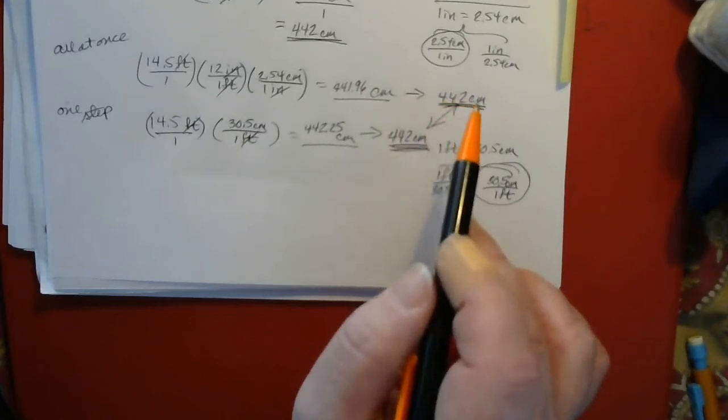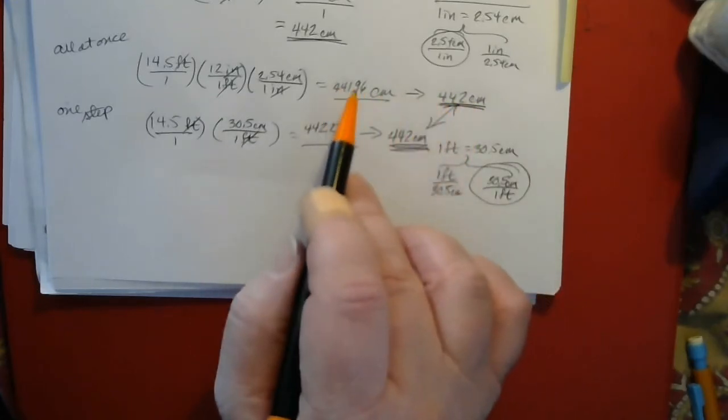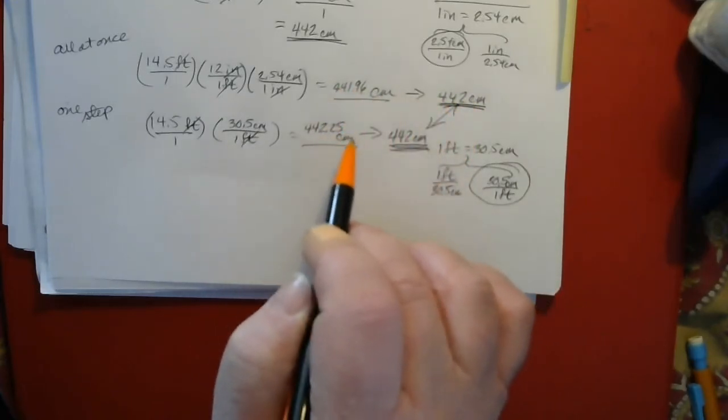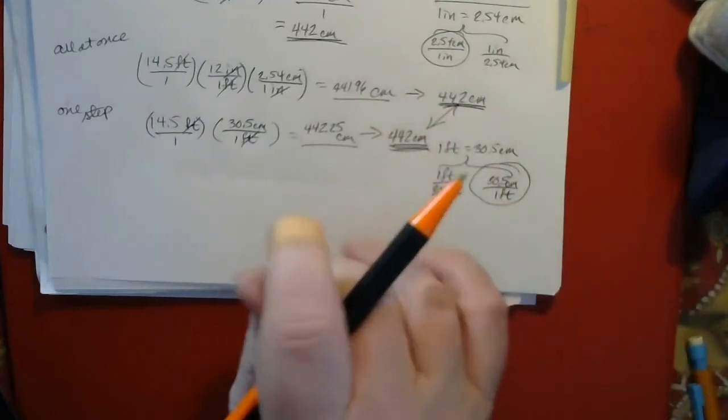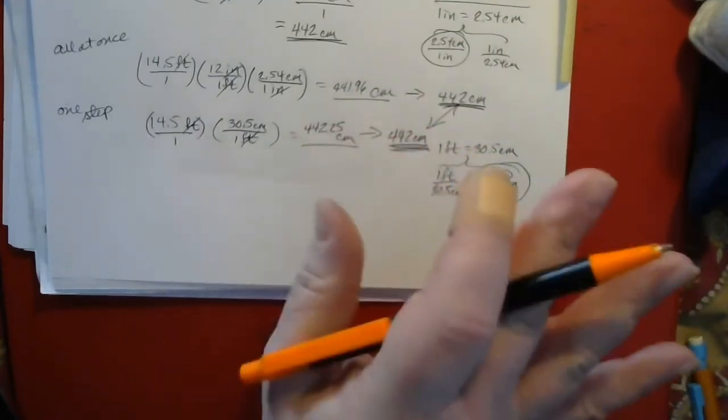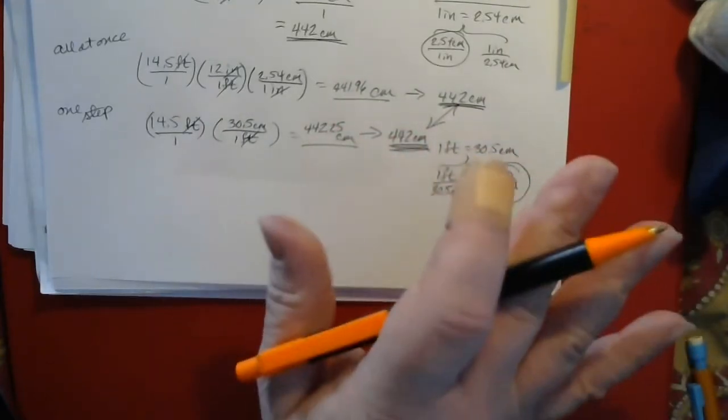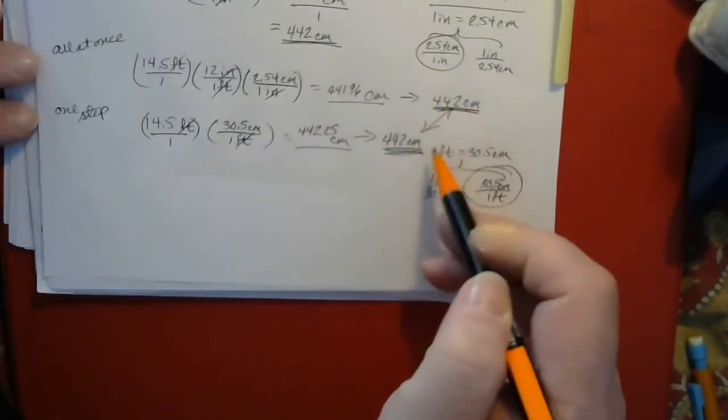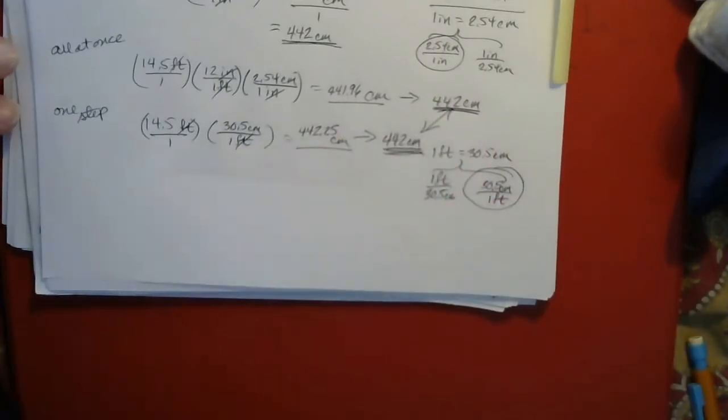The 4, 4, and 2 are real. This 0.96 and that 0.25 were not real. Our calculator thinks that we know those numbers, but we really don't. So when you round these 2 results off to the proper number of significant figures, they are exactly the same.